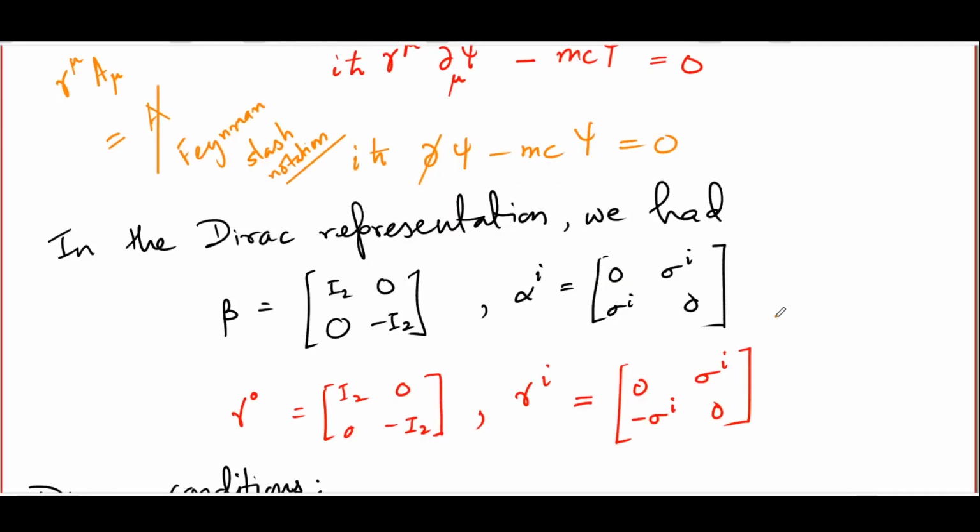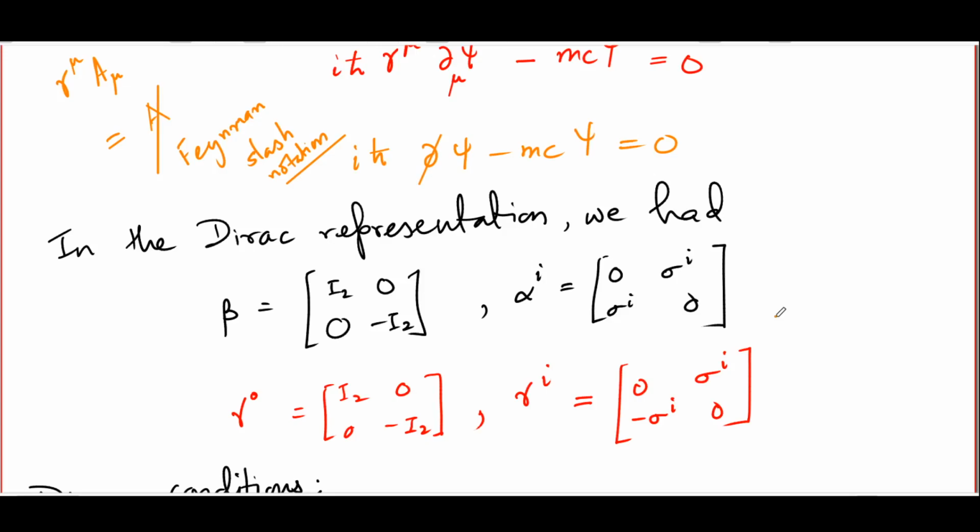It is very easy to carry out the multiplication gamma^i equal to beta alpha^i to arrive at the forms for gamma 0 and gamma 1, gamma 2, gamma 3 in the Dirac representation. Gamma 0 of course is the same as beta, and gamma^i, which is beta alpha^i, can be easily seen to be this following matrix.